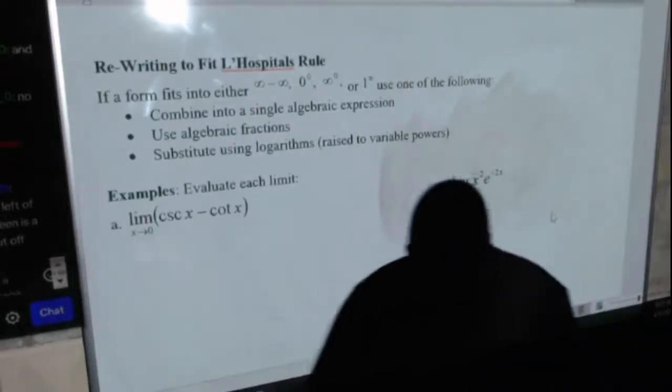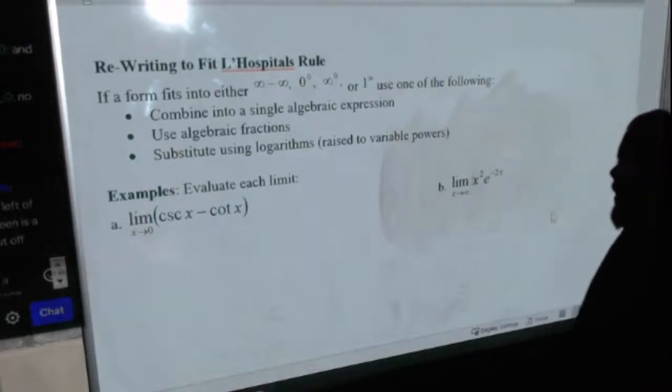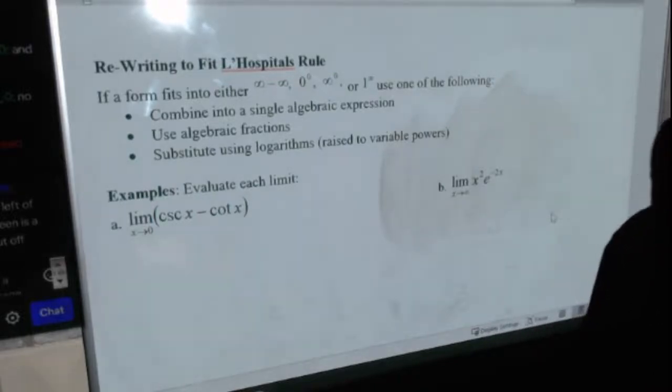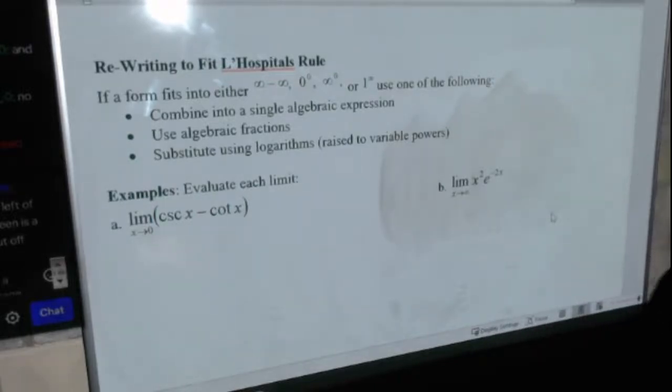All right. So as I said, there are other forms. So we had the 0 over 0, infinity over infinity, and it's okay to have minus infinity over infinity. These forms also allow you to use L'Hopital's rule, but you have to rewrite the equation before you can do it.